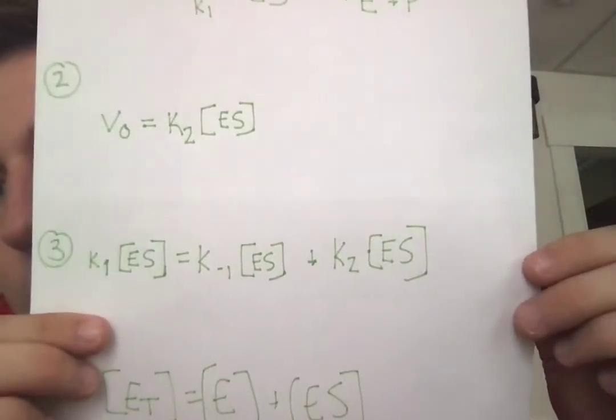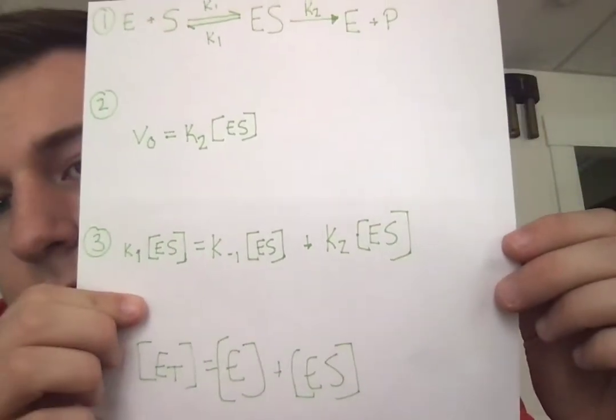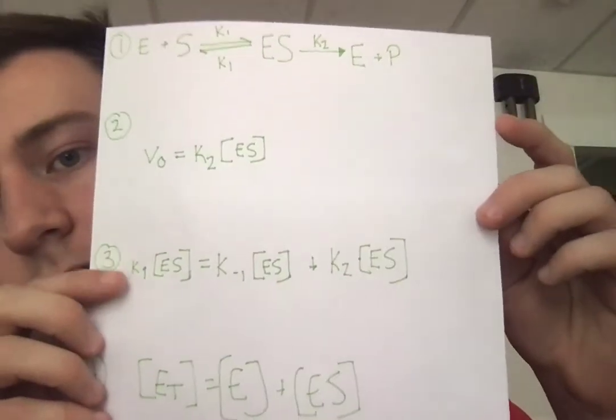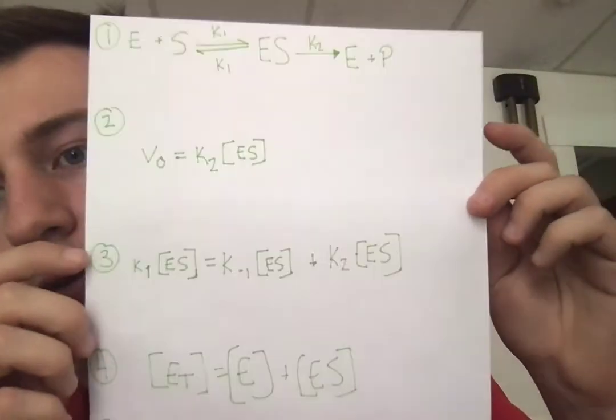And that can be represented here: K1 times E times S equals K negative 1 times ES plus K2 times ES. And that's number 3 of our derivation.